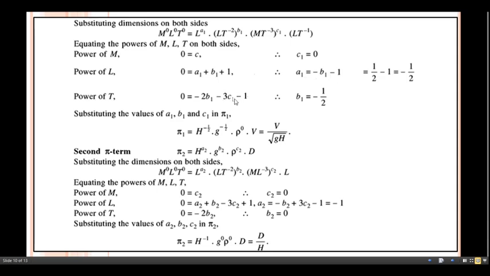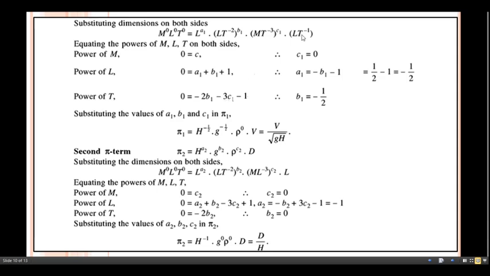Next we can get the value of b1, as we have the value of c1. You can easily substitute, but before that, first of all you have to equate the dimensions of time t on the left side and the right side. On the left it is 0, and on the right, t raised to minus 2 raised to b1 gives t raised to minus 2 b1, and t raised to minus 3 raised to c1 gives minus 3 c1.